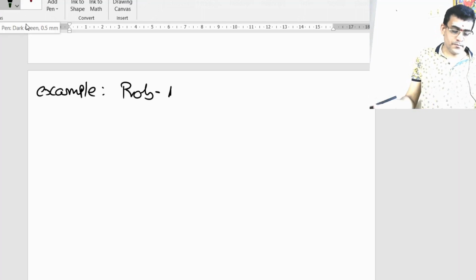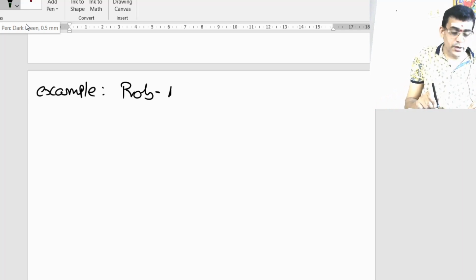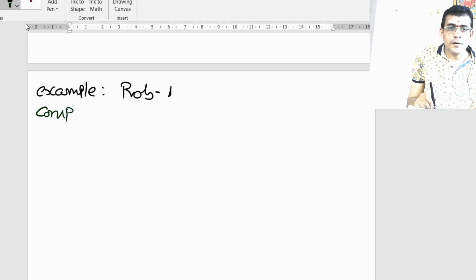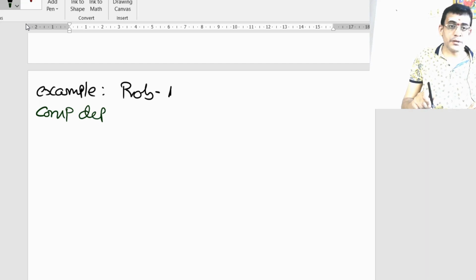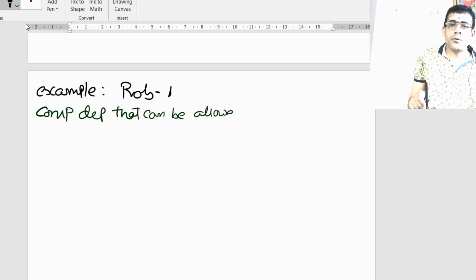So here, the basic objective of this problem is to compute the amount of depreciation that can be allowed as deduction.